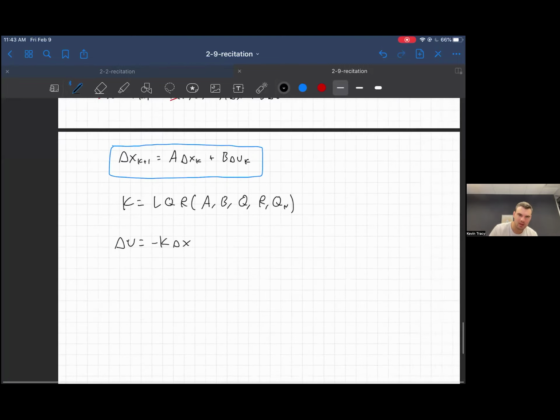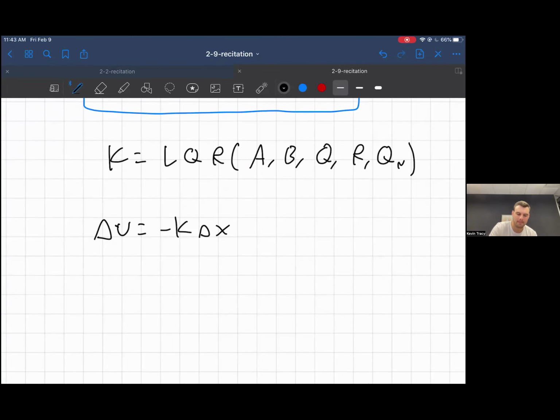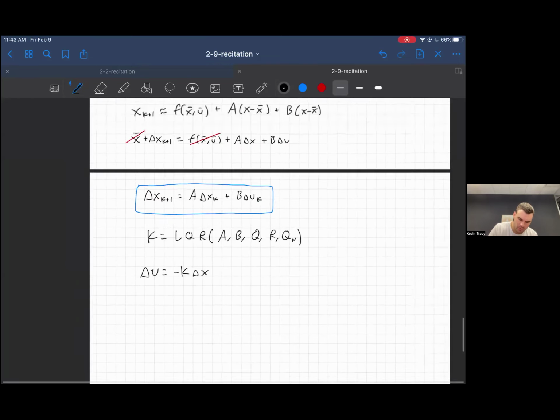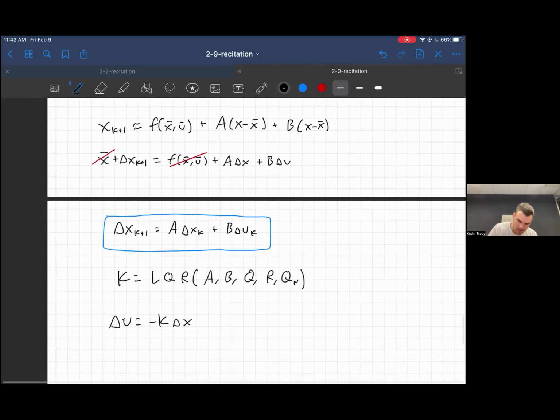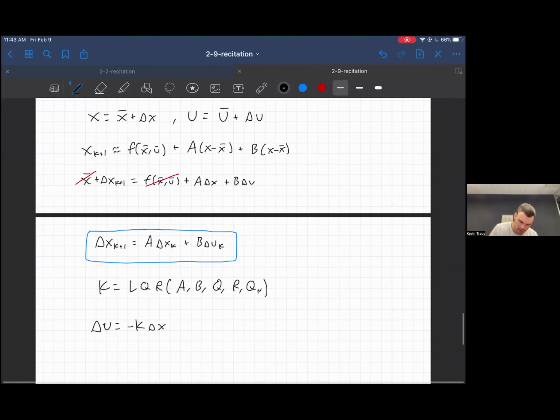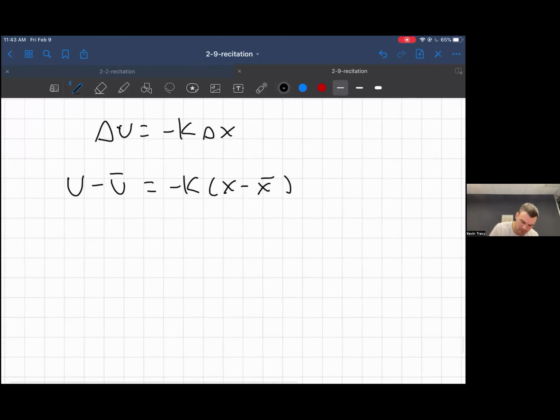And what we see is that when I substitute in these deltas, there it is, I get U minus U bar equals negative K times X minus X bar. So what is my resulting policy? U equals U bar minus K times X minus X bar.